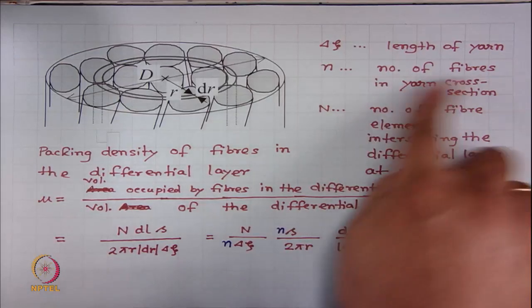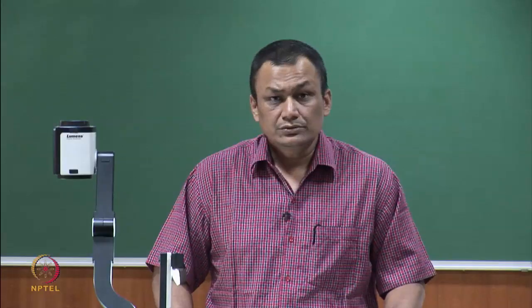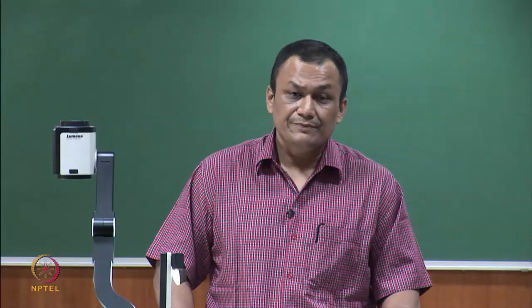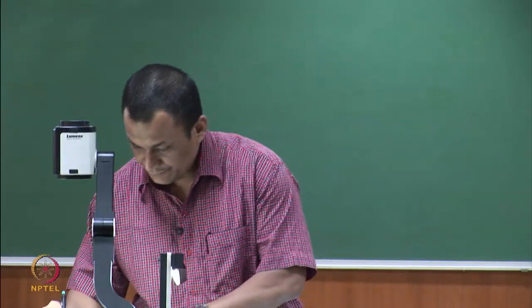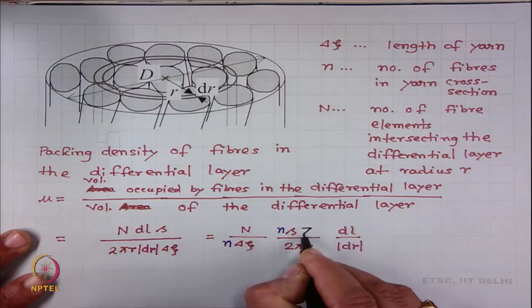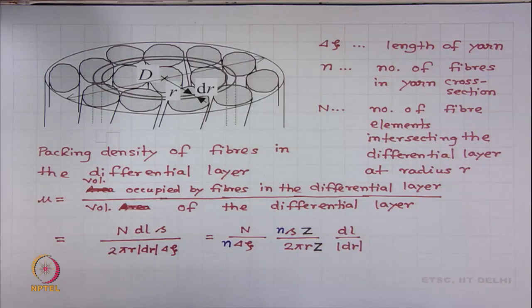Small n is the number of fibers in the yarn cross section. Also, we multiply and divide by yarn twist z, z here and z here.